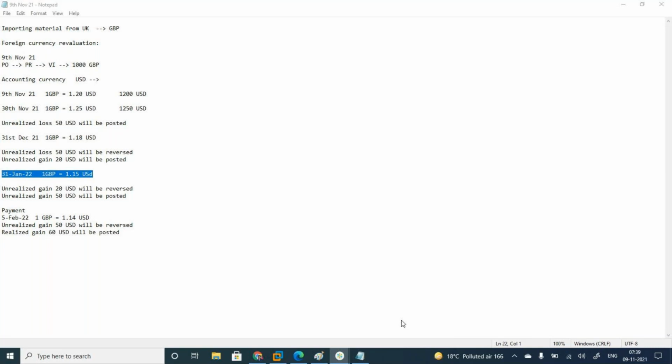We need to enter this exchange rate manually, or you need to have integration between a website and this system, effective again from the February rate. But in a real-time scenario, it will happen on a daily basis, right?